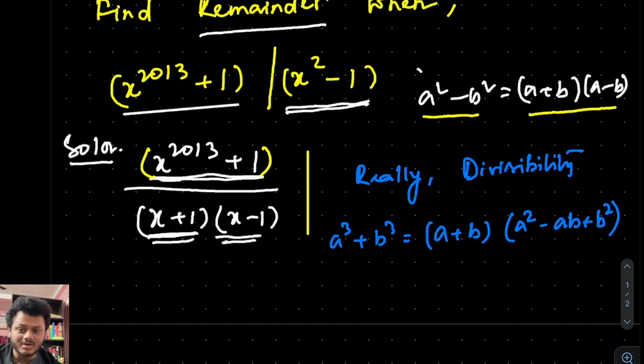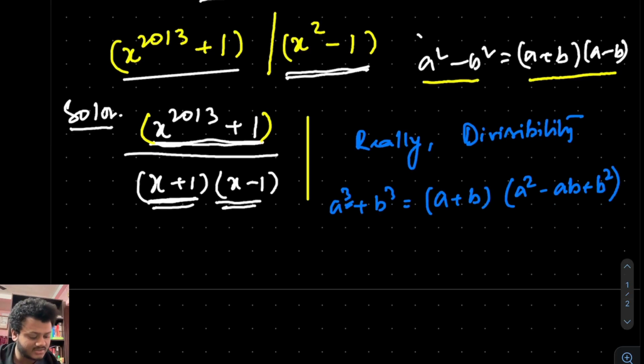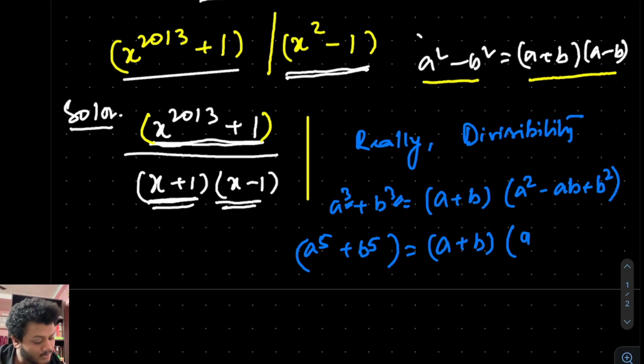Similarly, every expression with an odd power can be written in this way, like a to the power 5 plus b to the power 5 can be written as a plus b into a to the power 4 minus a cube b plus a squared b squared minus a b cube plus b to the power 4. Okay, so this is the expression that we get.